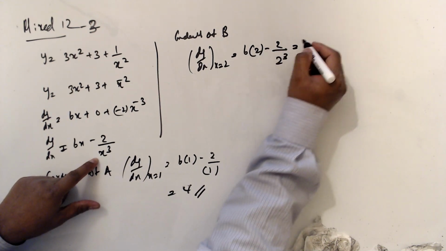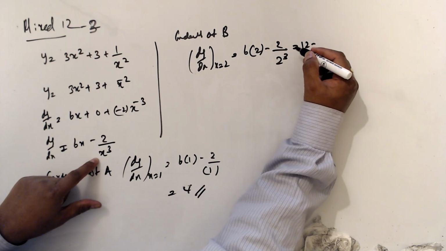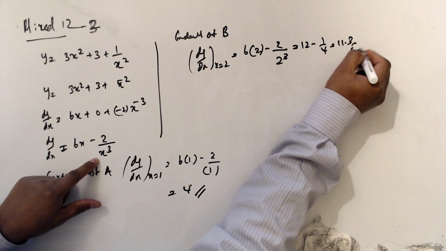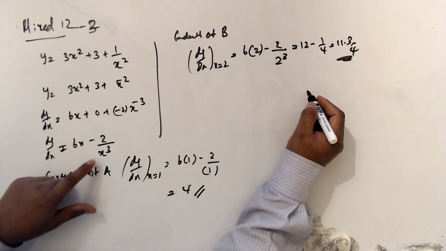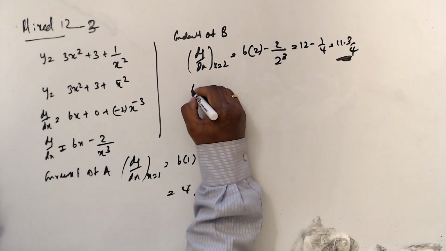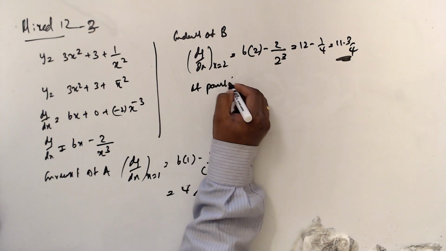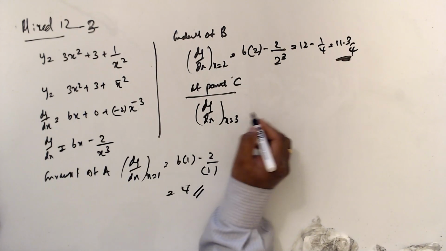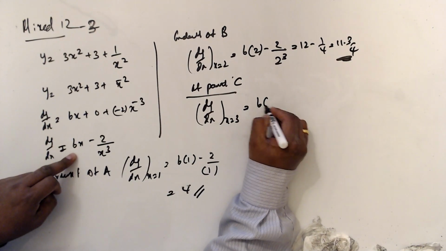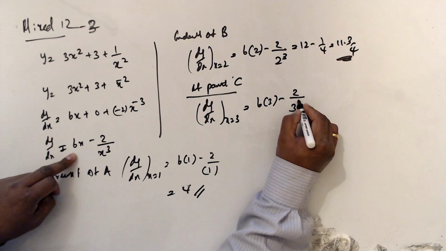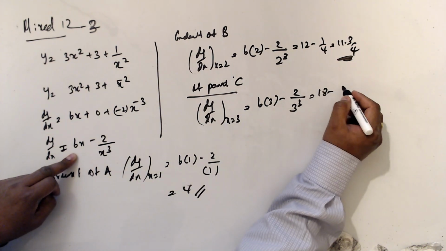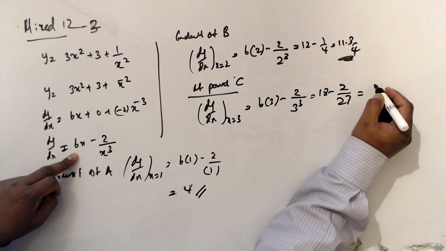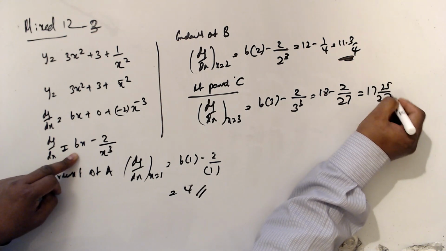So this is going to be 12 minus 1 over 4, so 11 and 3 over 4. At point C, dy/dx when x equals 3 is 6 times 3 minus 2 over 3 cubed, so 18 minus 2 over 27. So this answer is going to be 17 and 25 over 27.